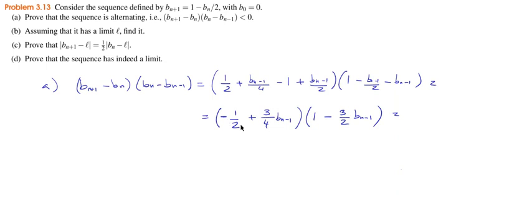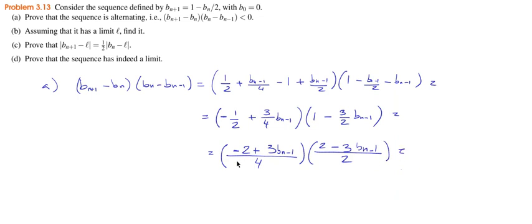Now we can take this in the same fraction. If we divide everything by 4, this is minus 2 plus 3 b sub n minus 1, and here we divide everything by 2, so this is 2 minus 3 b sub n minus 1.